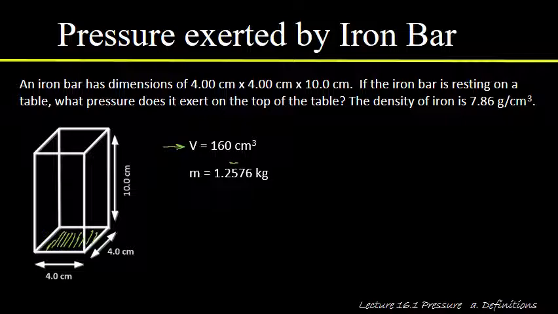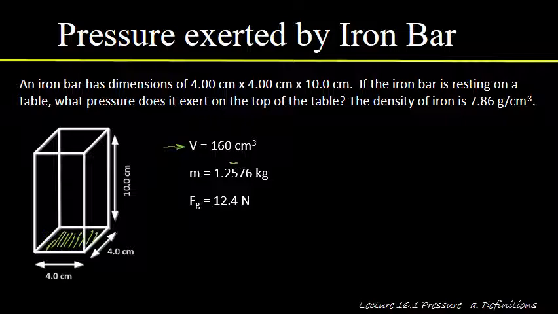If you want to round that to 1.26 kilograms, you can do that if you want. I try not to round things prematurely. I try to keep a few extra digits in the calculator until I get to the very end. But it's not tragic if you round that off in the middle of your calculation. And since the mass is the same, the force is mass times the acceleration due to gravity, which is a constant. So, of course, the force should be the same also, right?